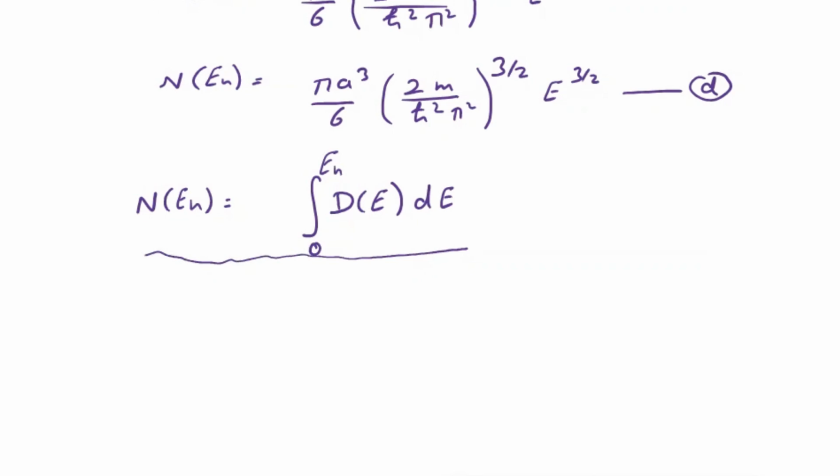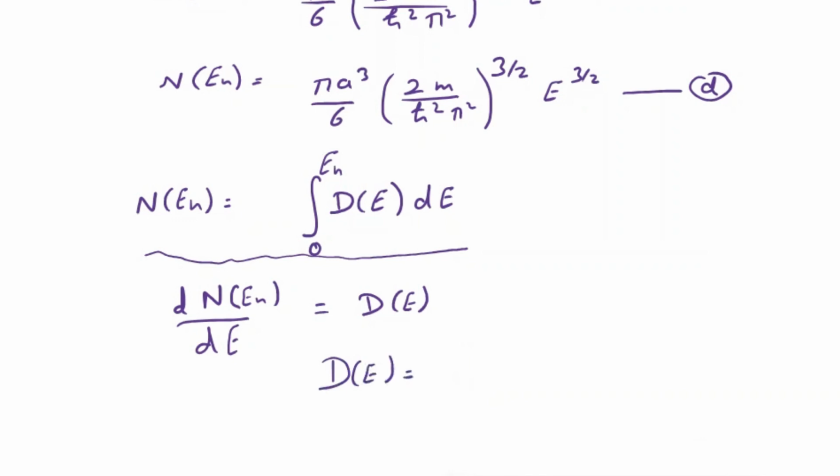Now, if we differentiate this equation with respect to energy, what we get is d of n of En on d of E. Then D of E will be pi a cube upon 4 times 2m upon h bar square pi square to the power 3/2, times E to the power 1/2.